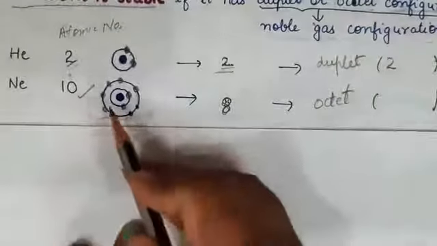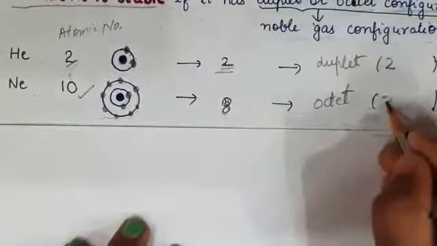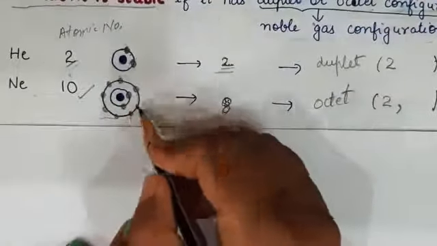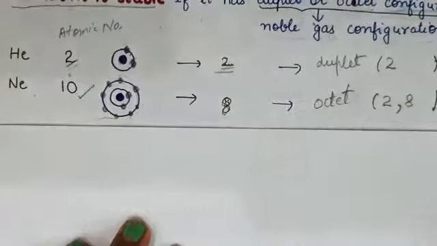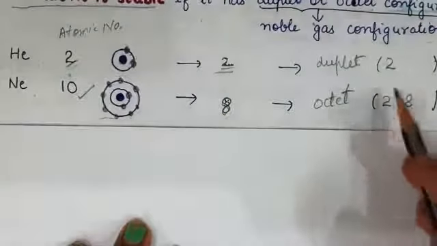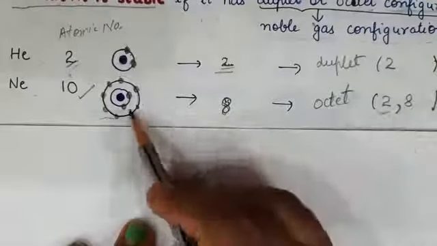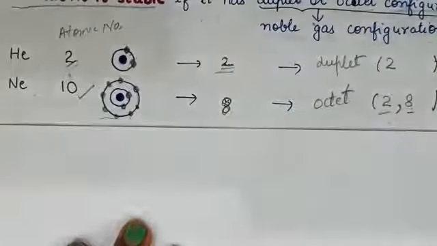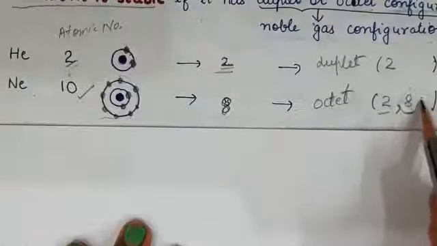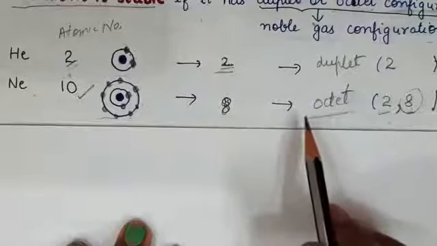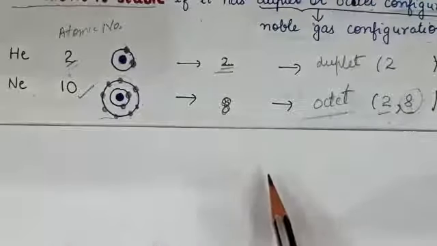Now neon: 2 electrons in the first shell, comma, how many electrons in the second shell? 8. So 2, 8. This is how to write the electronic configuration. 2 in the first shell, then 8 electrons in the second shell, and the outermost orbit is an octet. So the atom is stable.